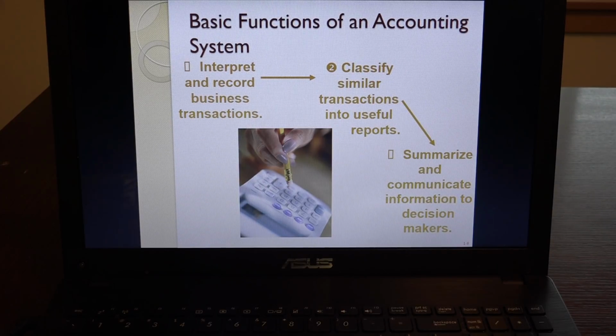You classify similar transactions into useful reports, and essentially you have to take a bunch of transactions, and by classifying them, you're able to summarize that information and communicate it to decision makers.